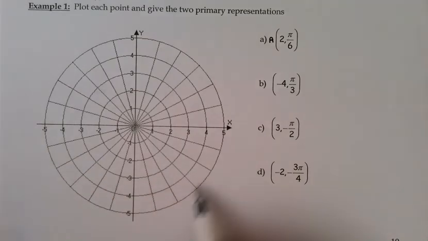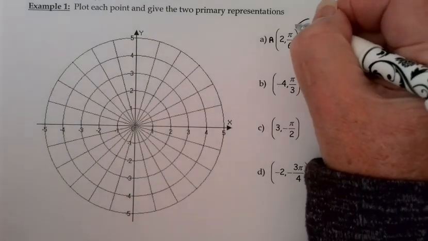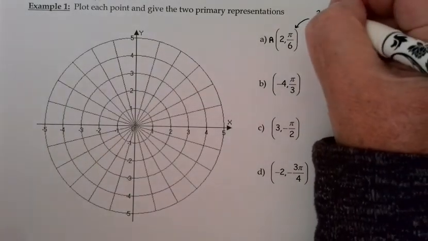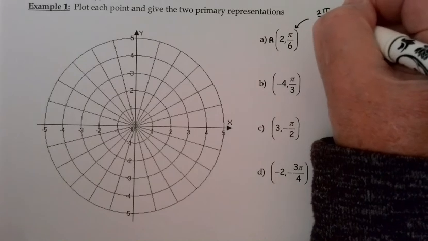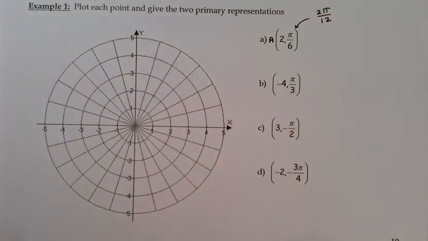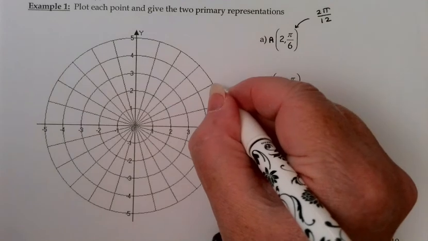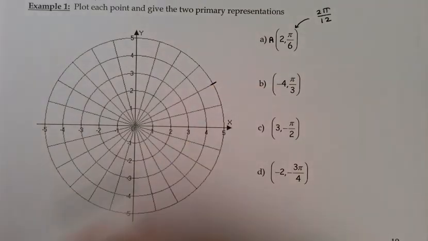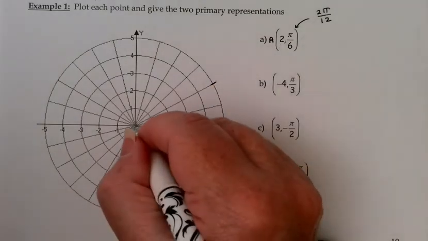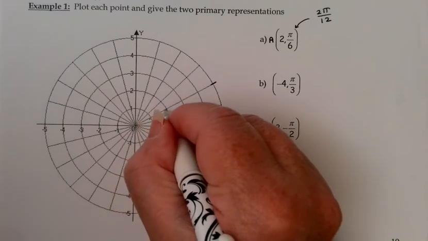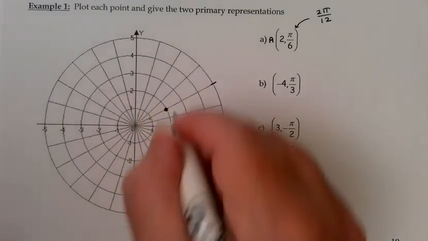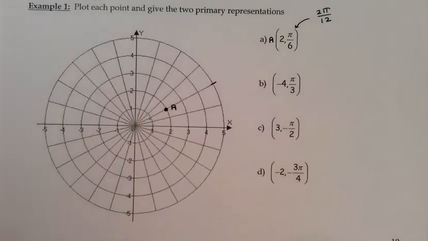Since everything here is marked in twelfths, the first thing I'm going to do is say that would be the same as 2, 2 pi over 12. So I know I'm going to go out 1, 2. I'm on this line right here. And my r value is 2, so 2 units out from the origin on that ray. And there's my point A.